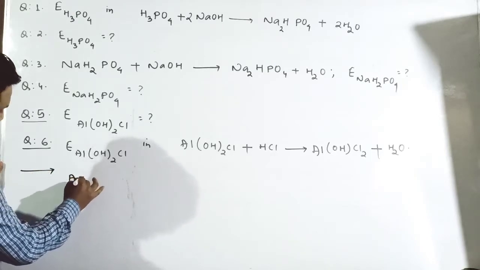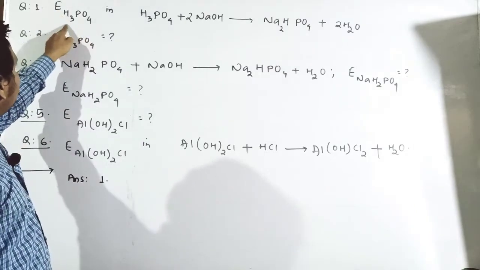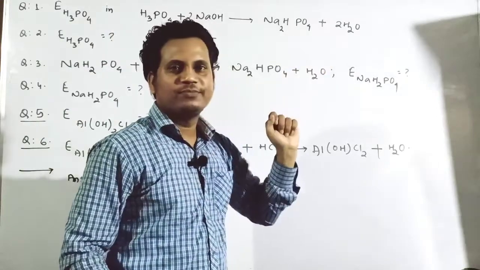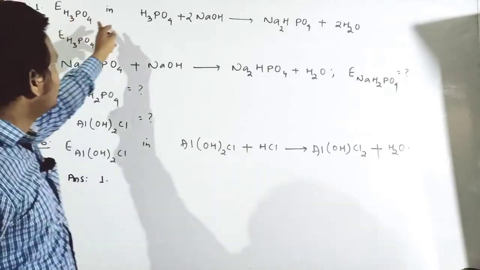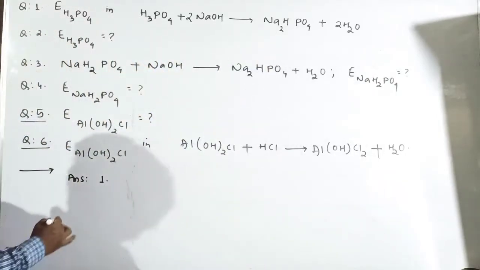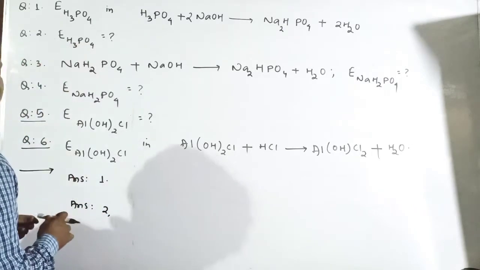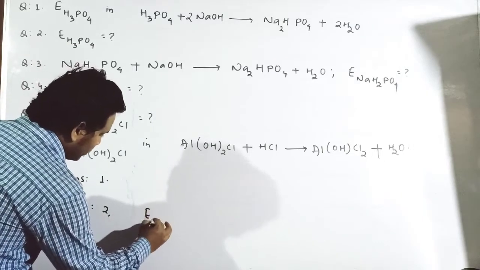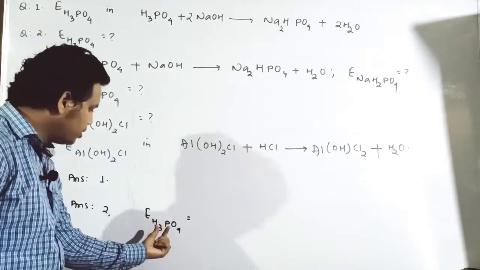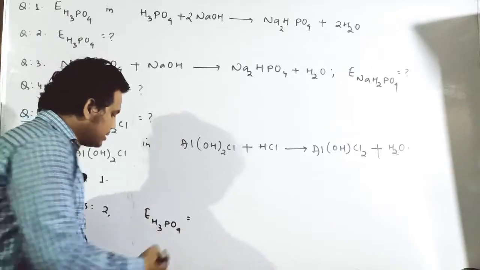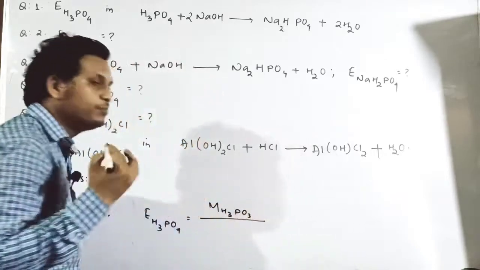So, answer to question number 1. What is the equivalent mass of H3PO4 in this equation? It is not asked as single. Second number is single, so answer number 2 first we will do. Equivalent mass of H3PO4. What is the formula? It is an acid. For acid we write molar mass divided by basicity.